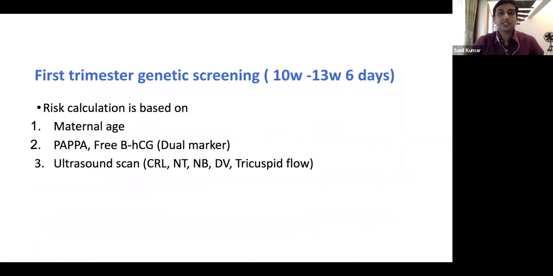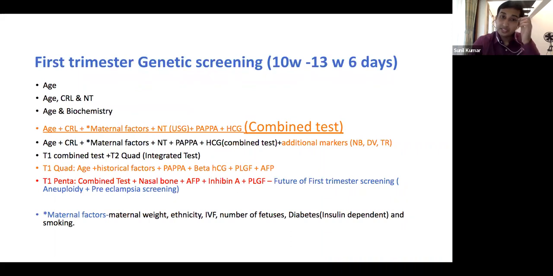In the first trimester genetic screening, which is done between 10 weeks to 13 weeks, 6 days, risk calculation is based on maternal age, then the dual marker, and the ultrasound scan findings. As you see in this slide, either maternal age can be considered to detect the chromosomal abnormality.